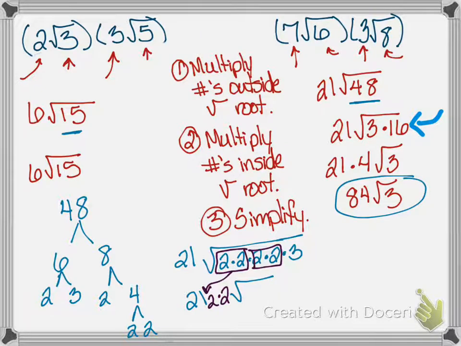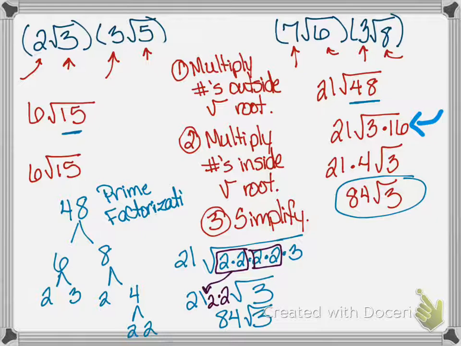So then I'm left with my 3. So I have 21 times 2, which is 42, times 2 more is 84. So if you aren't sure that you can get the biggest perfect square, don't hesitate to do prime factorization. Okay?